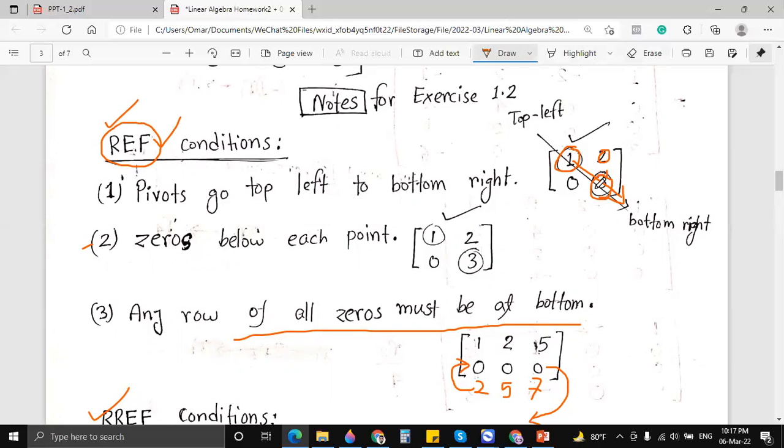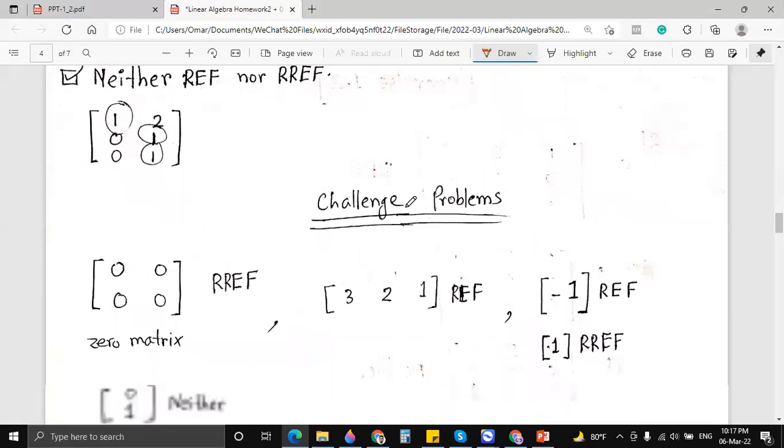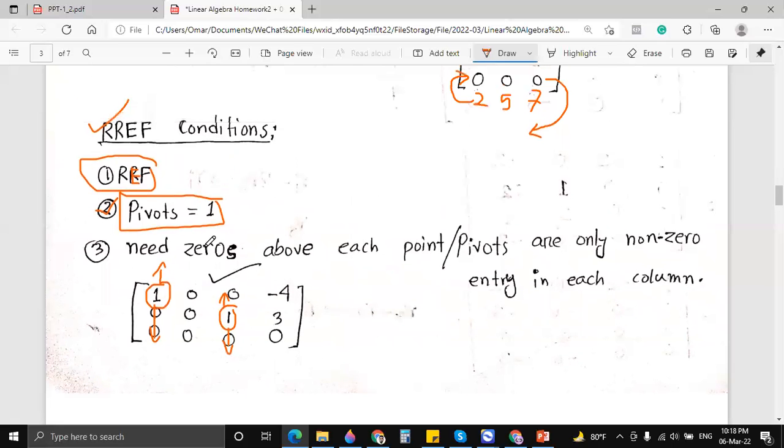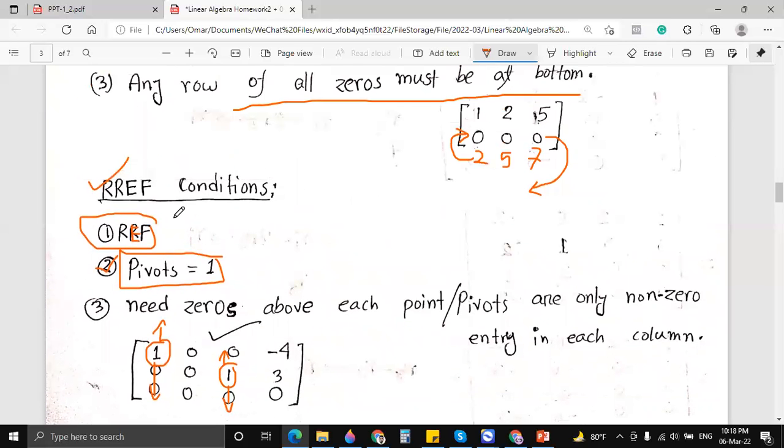That means all the entries above and below this pivot point need to become 0. For example, here this is another pivot point, so all the entries above this pivot point and below this pivot point need to become 0. That is called RREF, or reduced row echelon form.